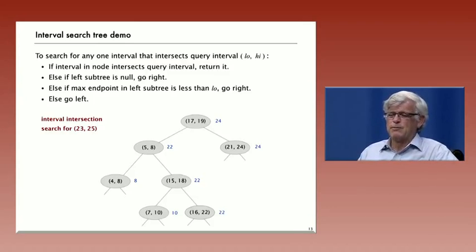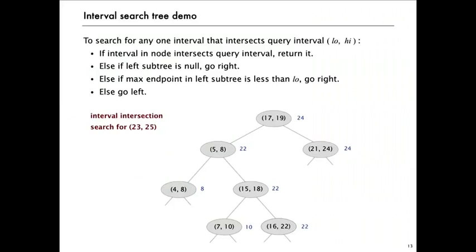We're not going to try to find them all. We'll get back to that in a minute. So let's see what we have to do. First, if at the root we have an intersection, then we're done. We just return. In this case, 23, 25 does not intersect 17, 19. So we have to go down the tree somewhere. The left subtree is null, so go right, okay.